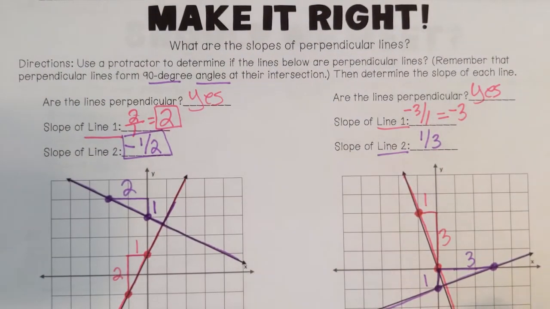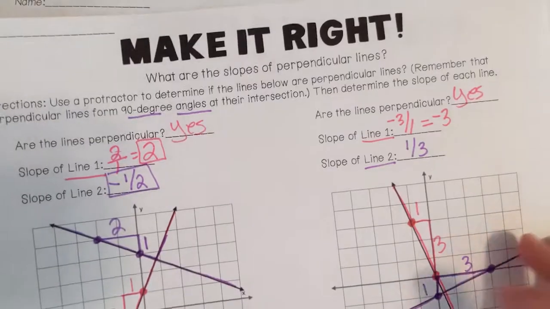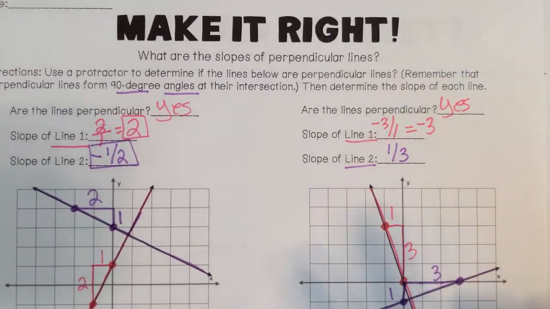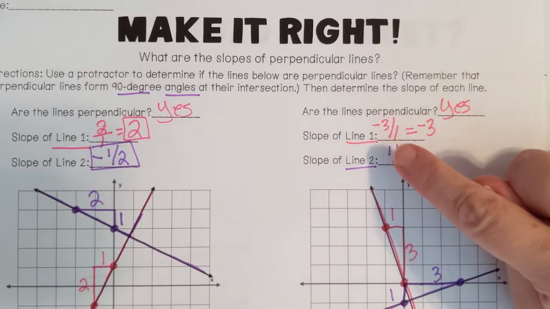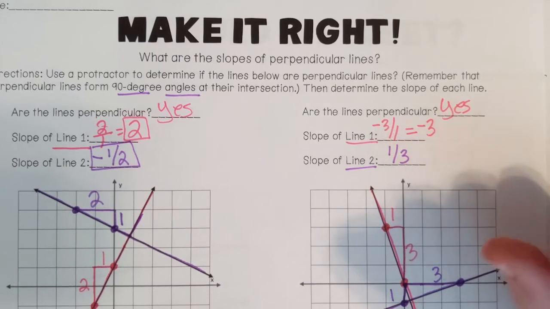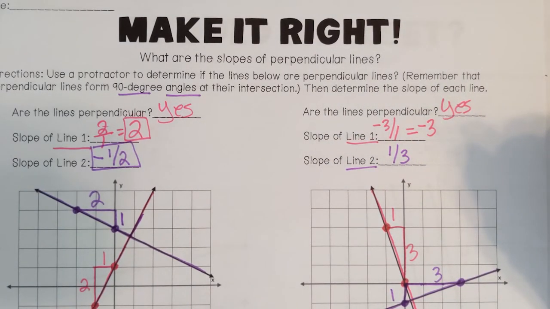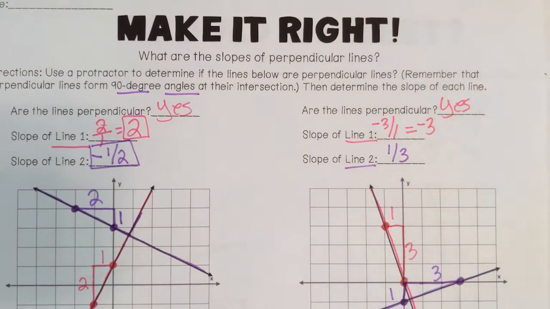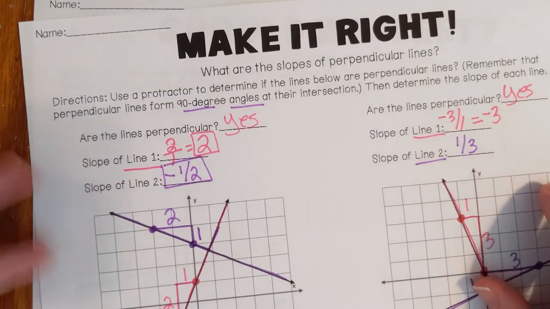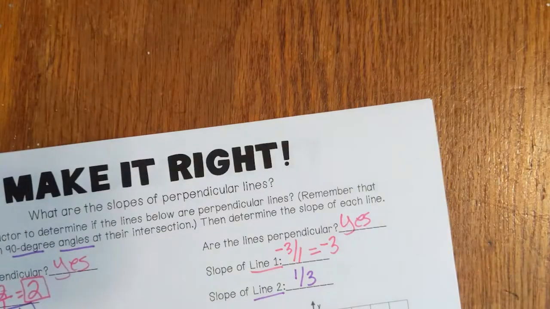If two lines are perpendicular, looks to me like their slopes are going to be opposite signs. One's going to be positive, the other one's going to be negative, and then you're going to flip. If you know one, you could determine the other one by flipping that fraction around. And when you flip a fraction upside down, here's a little vocabulary, which was on your vocabulary.